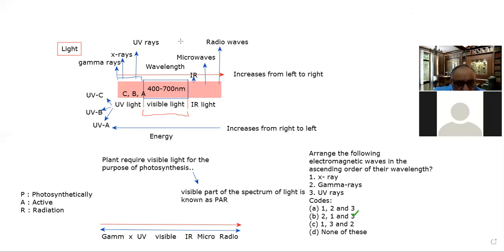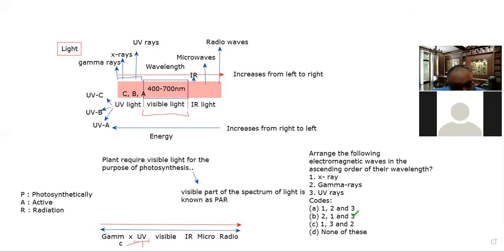And here I told you that this part of the spectrum, which is known as the ultraviolet radiation, is further categorized into three. This part is known as ultraviolet C radiation. This part is known as B, ultraviolet B radiation.